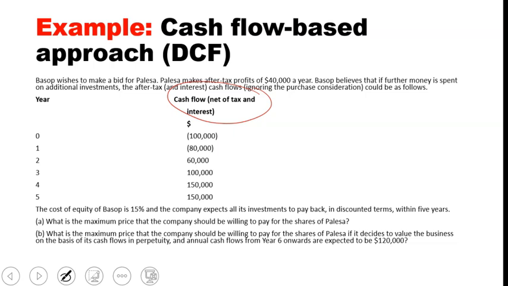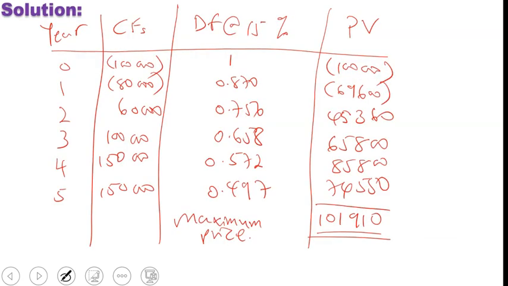If its cash flows are expected to be 120 after year 6, so if the shares are to be valued on the basis of cash flows in perpetuity, we need to add the PV of annual cash flows from year 6. So we just have to continue from where we left off.